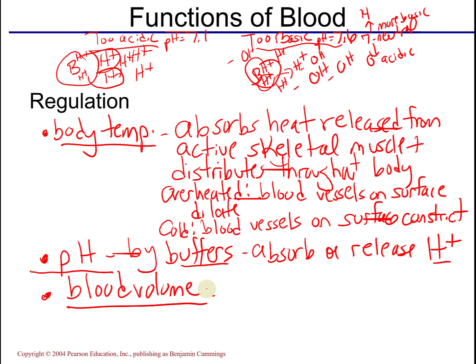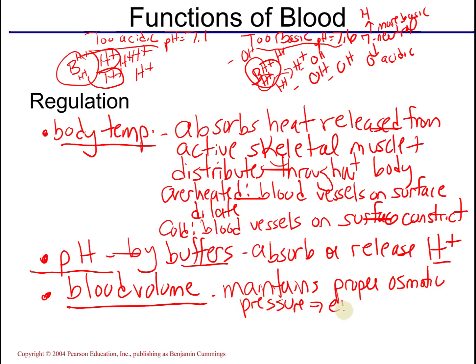The way that works is by having the proper osmotic pressure with electrolytes. So blood maintains the proper osmotic pressure, and it does that with electrolytes. So just a quick review here.